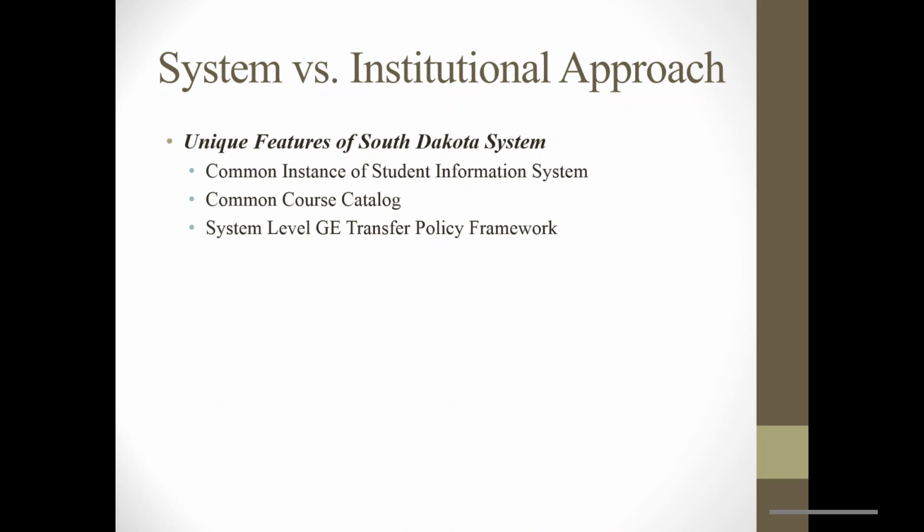And so to manage some of the things that we have run into with transfer across our institutions, our board implemented a common course catalog where basically all courses in the regental system that are perceived to be common with another institution are managed and facilitated at the central level, basically working their way through my office here in Pierre.